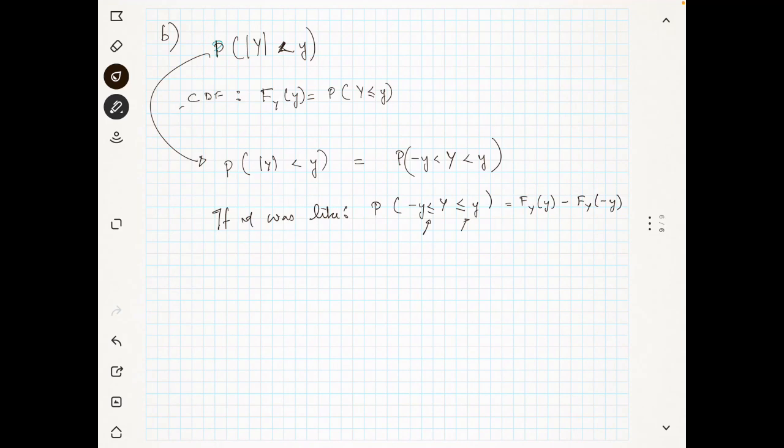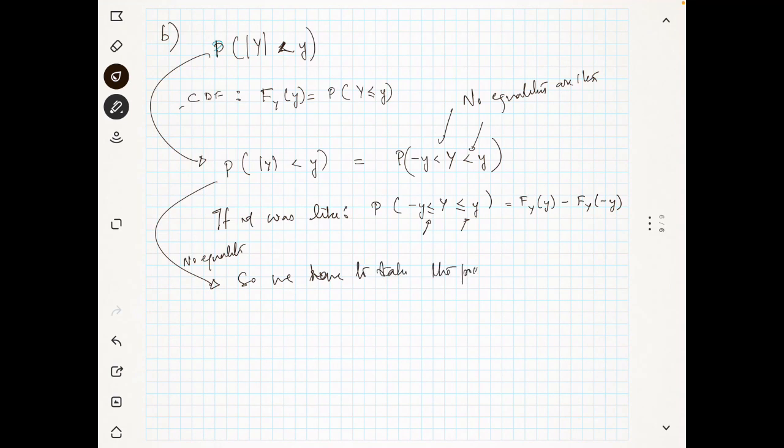But here you see there are no equalities, so we have to take the point just left side to y, then only we can express it in terms of the cumulative distribution function.